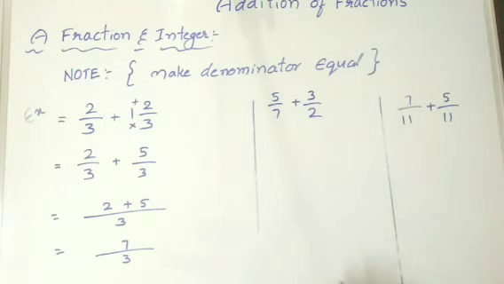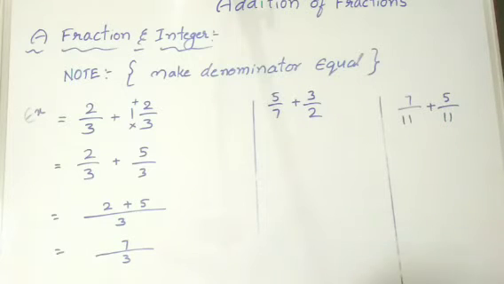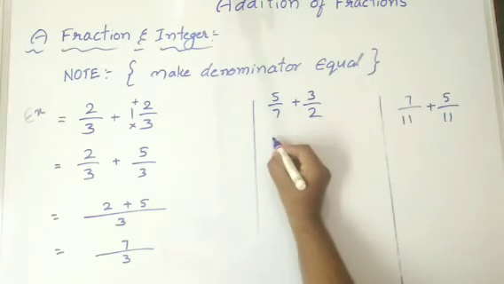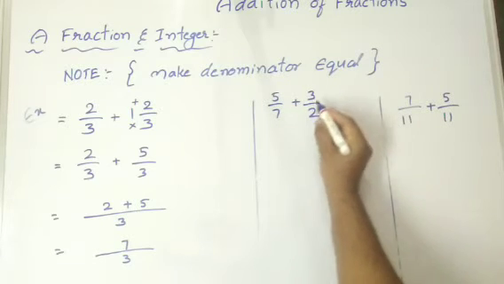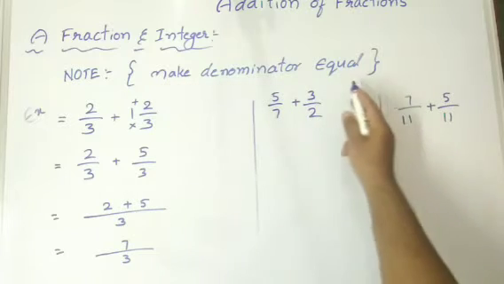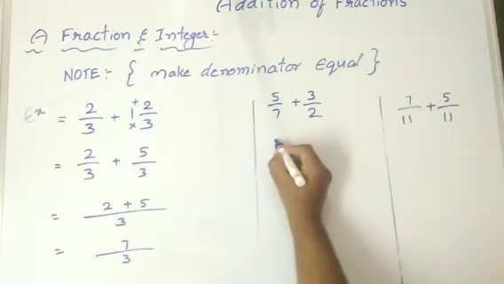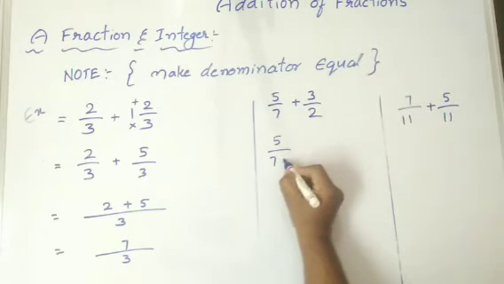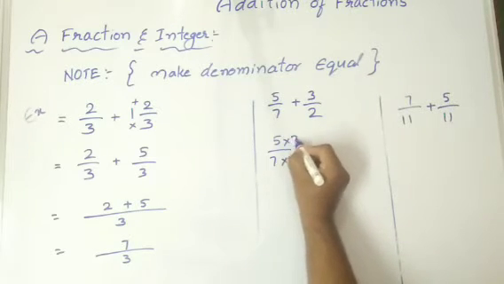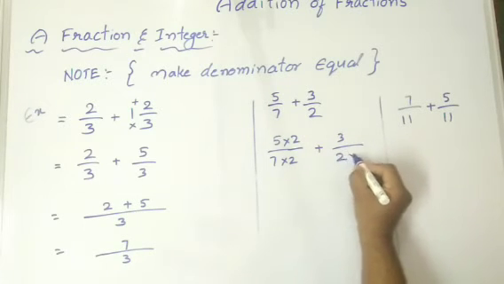Same here: this is a proper fraction and this is an improper fraction, so the answer is an improper fraction. See here, 5 by 7 and 3 by 2. Our rule is to make the denominators equal, but here the two are different. You can take the LCM, or otherwise multiply and divide the first fraction by 2 and the second fraction by 7.